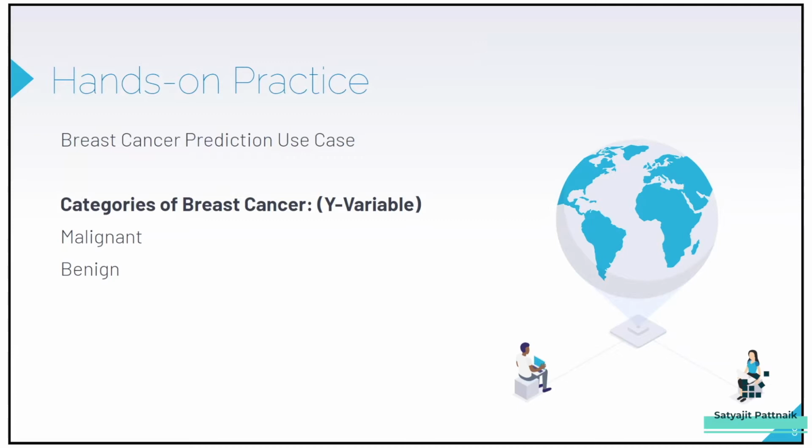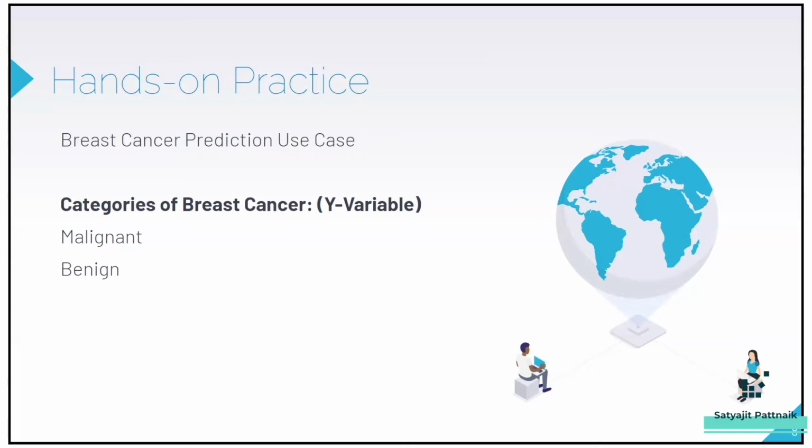So let's go ahead and check the data because we do have two categories of breast cancer, right? It's malignant or benign. Now, a malignant tumor is mostly known as the cancerous tumor, because breast cancer refers to cancer from a malignant tumor. Benign is otherwise termed as non-cancerous.